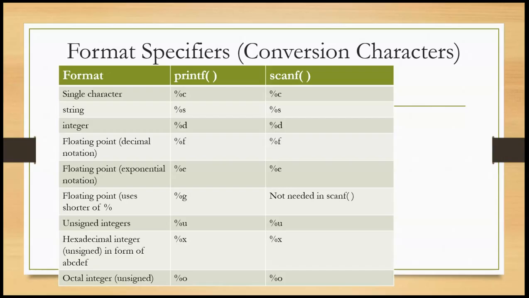For a single character we use %c, for string we use %s, for integer type values we use %d, for floating point in decimal notation we use %f, for floating point in exponential notation we use %e, for unsigned integers we use %u, for unsigned hexadecimal integers in the form of a, b, c, d, e, f we use %x, and for unsigned octal integers we use %o.